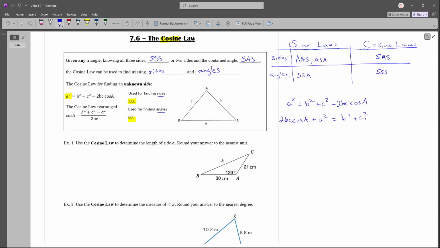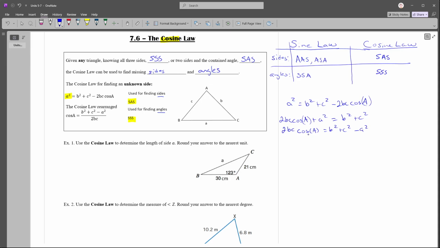Now let's get that a squared over to the other side. So we have 2bc cos A equals b squared plus c squared minus a squared.